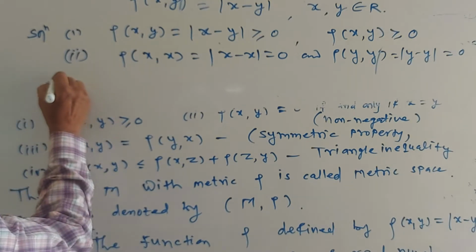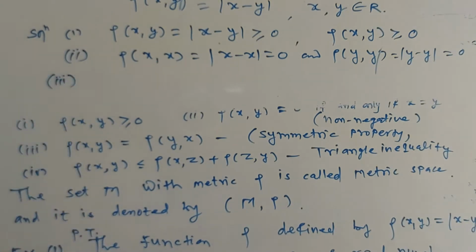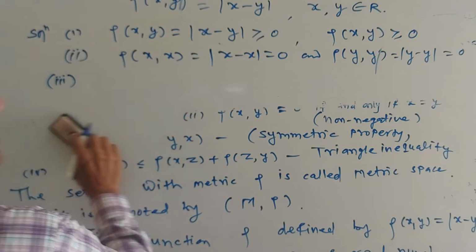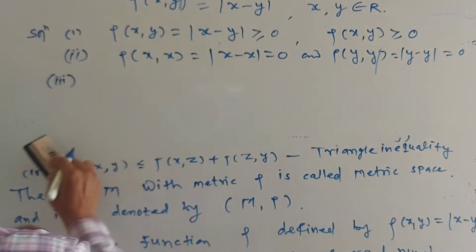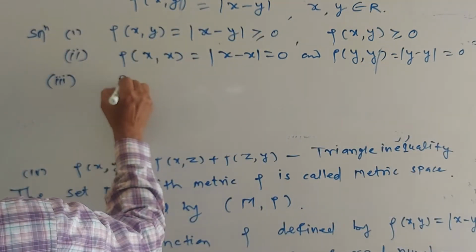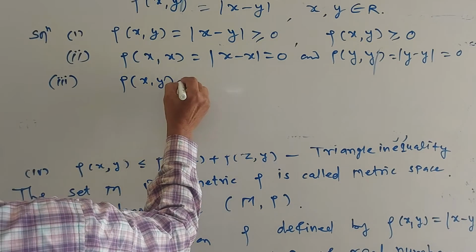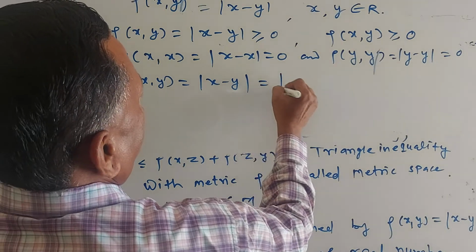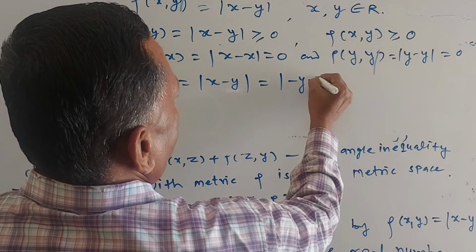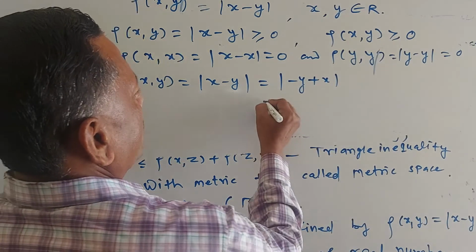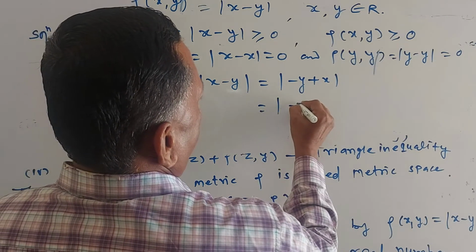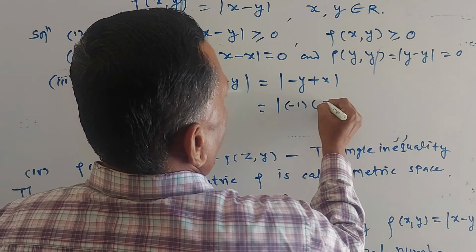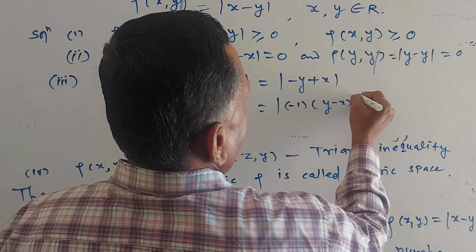Now third. What is third? Symmetric property: rho of xy is equal to rho of yx. We have to prove that. You are given rho of xy is equal to mod of x minus y. This can be written as mod of minus y plus x, or you take minus common, mod of minus 1 into y minus x.